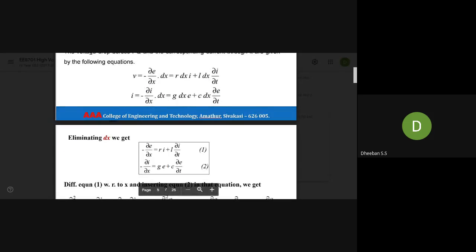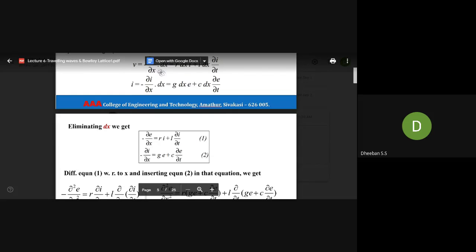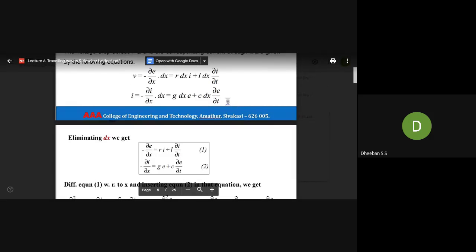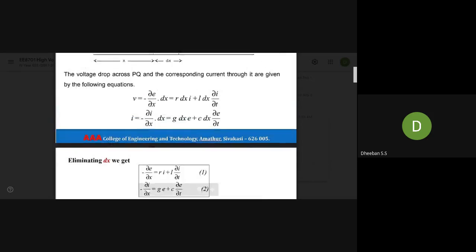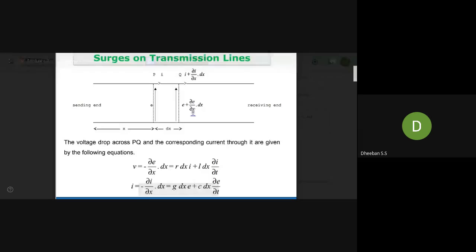From this, you eliminate dx. Since dx is on both sides, you can take it out common and cancel it out. Then we'll be getting the change in voltage with respect to distance.